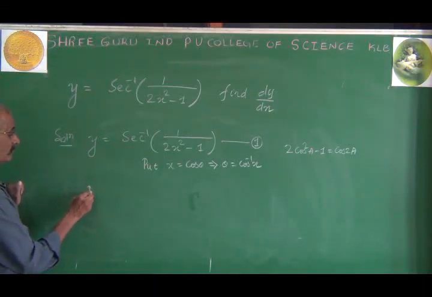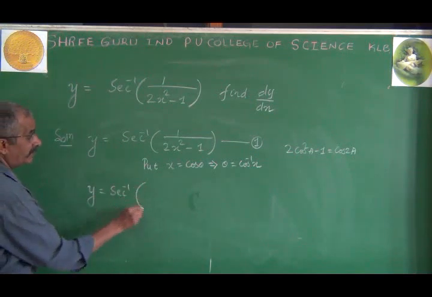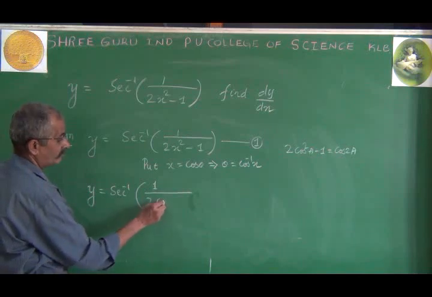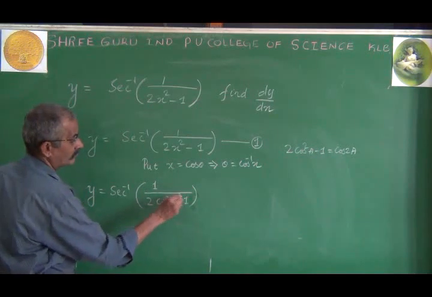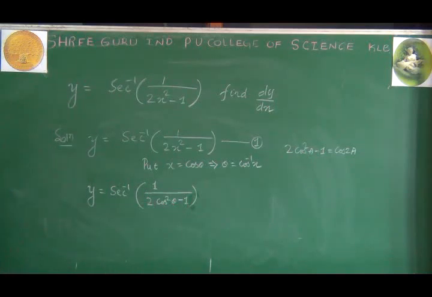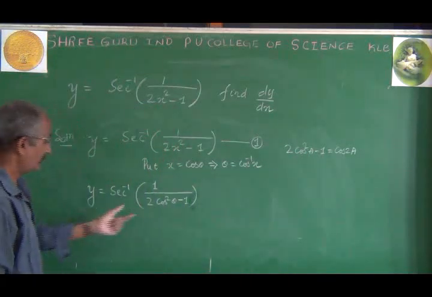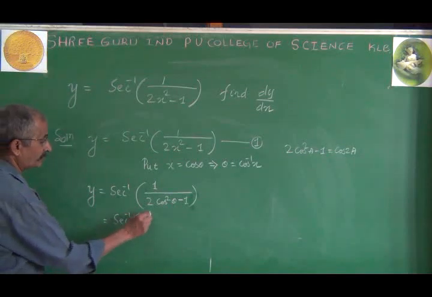Y equals secant inverse of 1 divided by 2 cos square theta minus 1. Now from the trigonometry formula, as 2 cos square a minus 1 is cos 2a, similarly 2 cos square theta minus 1 becomes cos 2 theta.